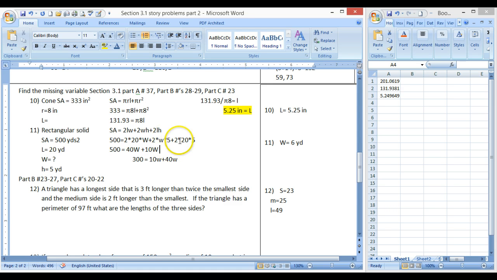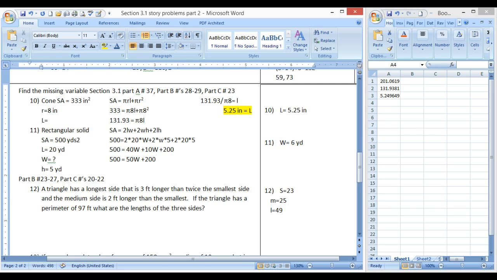And then I have 2 times 20 times 5. 5 times 20 is 100, times 2 gives me 200, plus 200. Now I need to combine my W's here. So I have 500 equals 40 plus 10 gives me 50W plus 200.